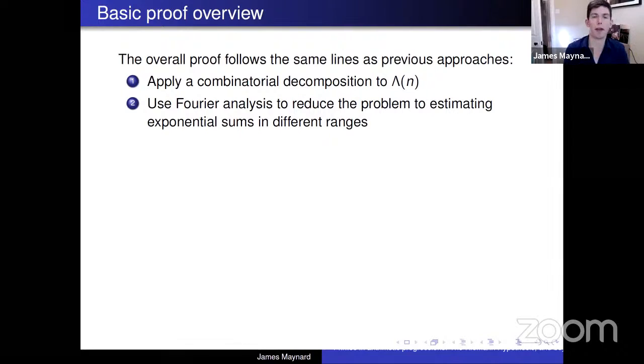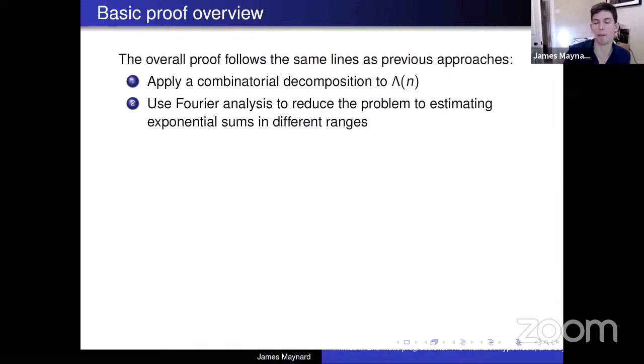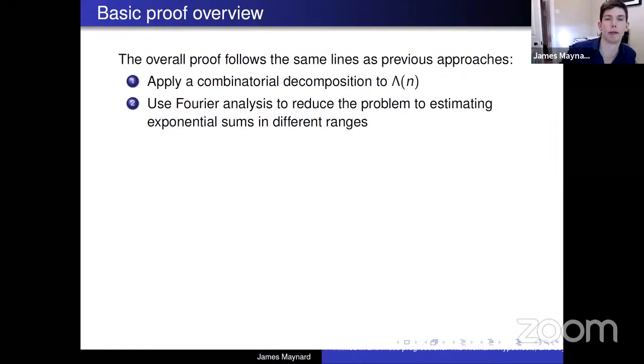So we start off with a very combinatorial outlook, but then to understand these questions about maybe products of 4 prime factors, where each prime factor is of a different size, we use Fourier analysis to turn the whole problem into a question about estimating some very complicated looking exponential sums.